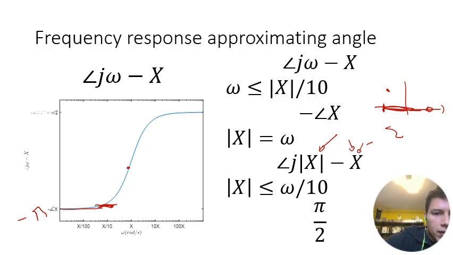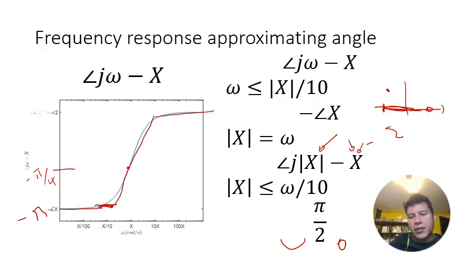So at x, we're going to be somewhere here, minus pi over 4. Finally, if x becomes very large, the angle of x right now is 0, so we have pi over 2 minus the angle of x. So we're going to get 0 here. Cool. So that's our approximation, and then we connect it, and that would be the approximation we make.